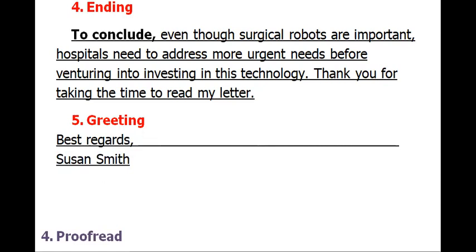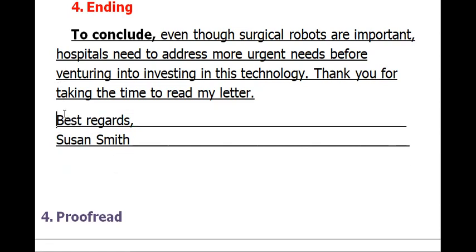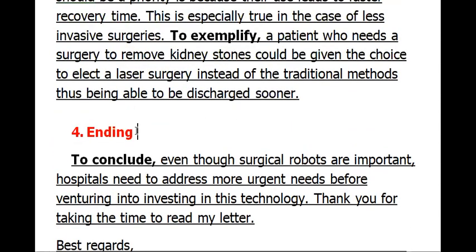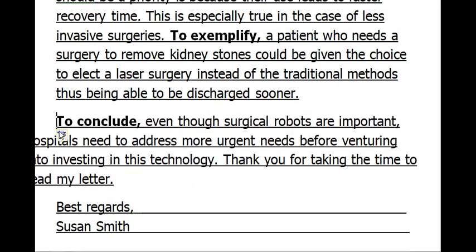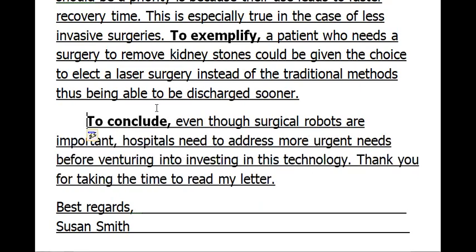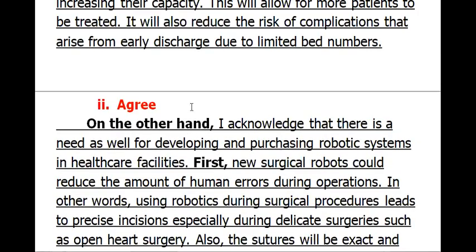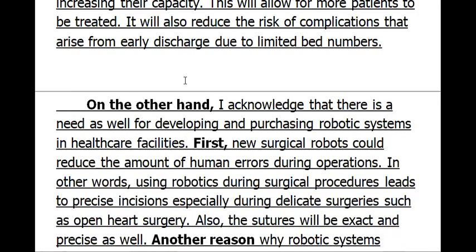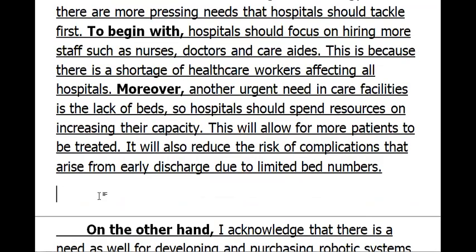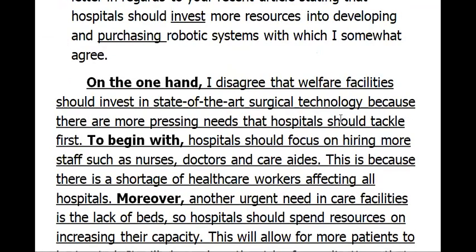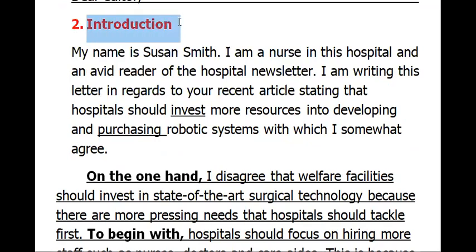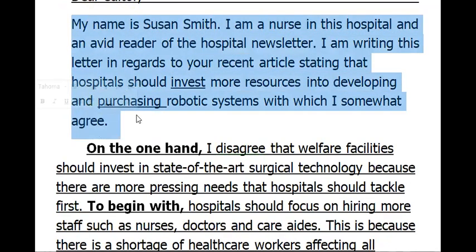So let me show you how it looks. Let's eliminate these so you can see it. So if you're writing your response, this is what it will look like.